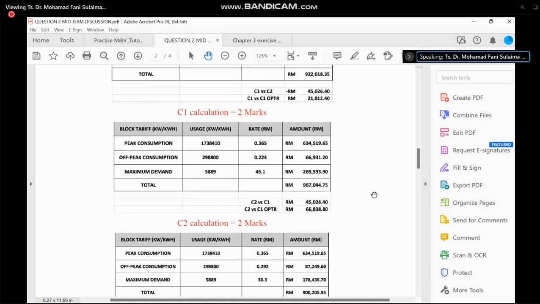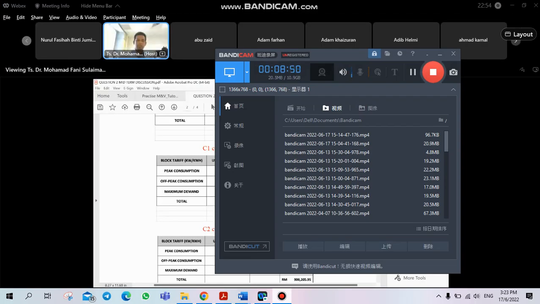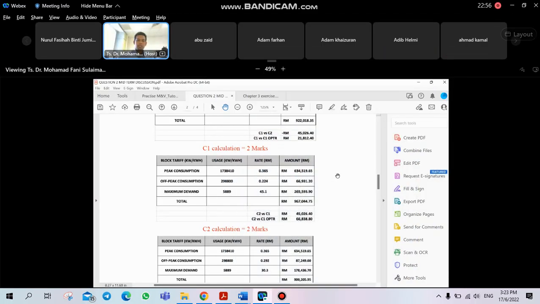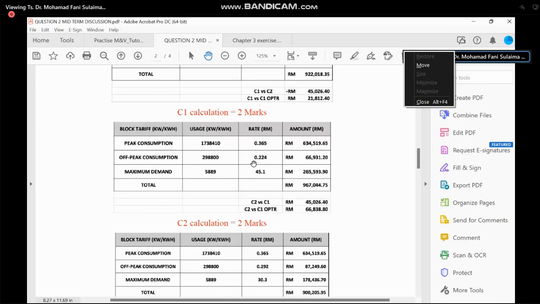All right. So the same calculation method you can do for C2, using the price rate for C2. Just change the price value here, 0.224 for off-peak, and the difference between C1 and C2 is also their maximum demand.